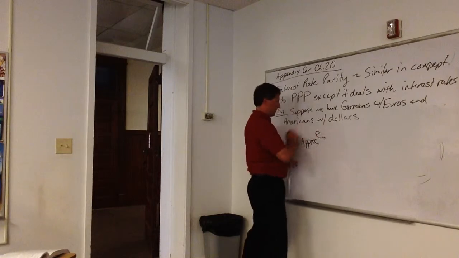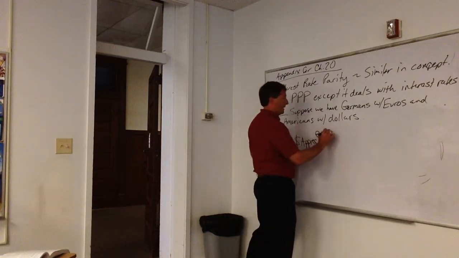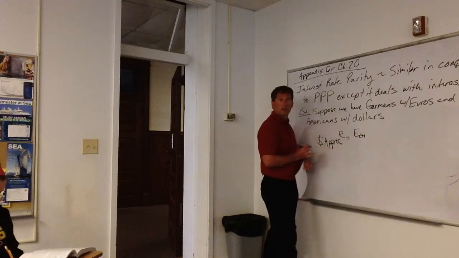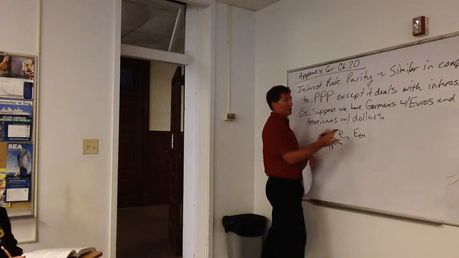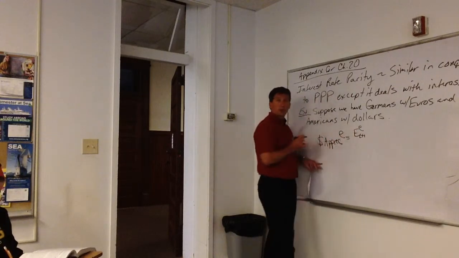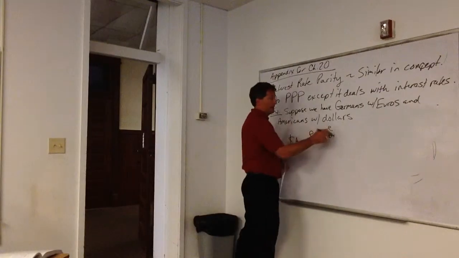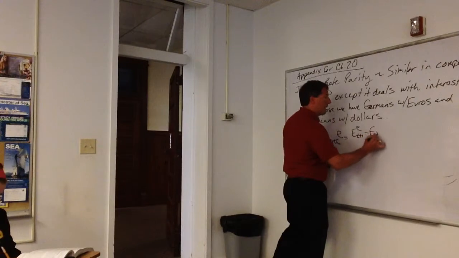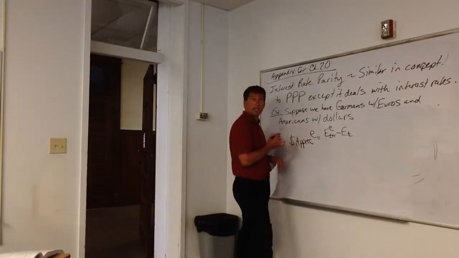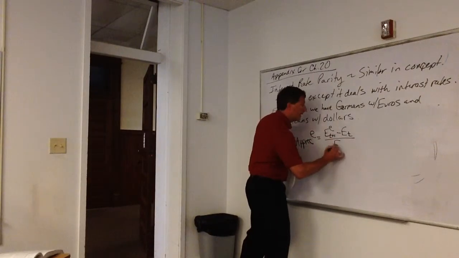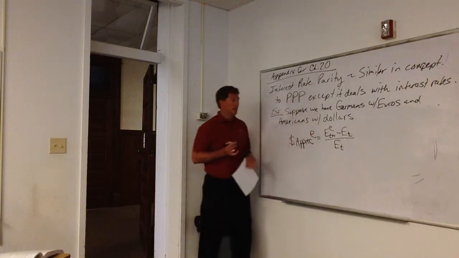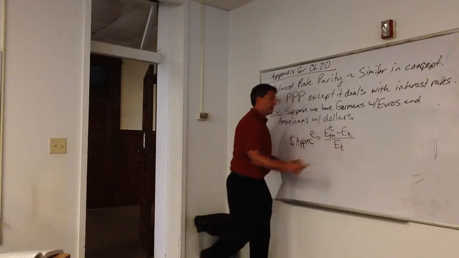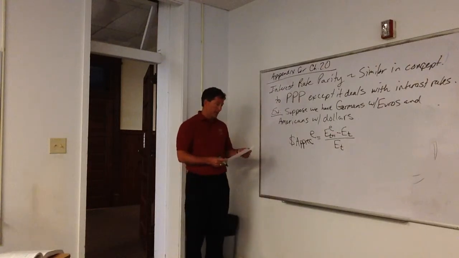And since we're dealing with dollars here, it is E t plus 1. It's expected E, so we're going to superscript that with an e. It's the expected t plus 1 exchange rate minus the spot rate today, E t, divided by E t. So it's just new number minus old number divided by old number. Same old thing we've always had.